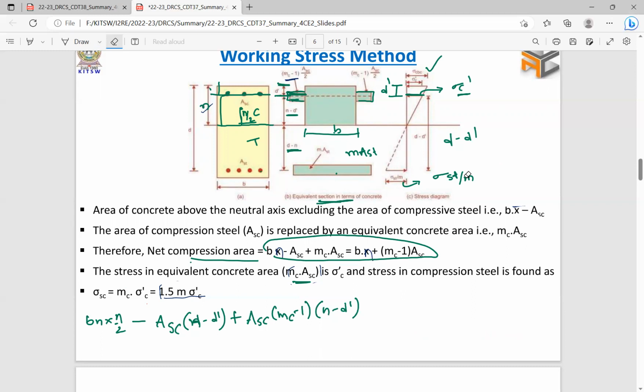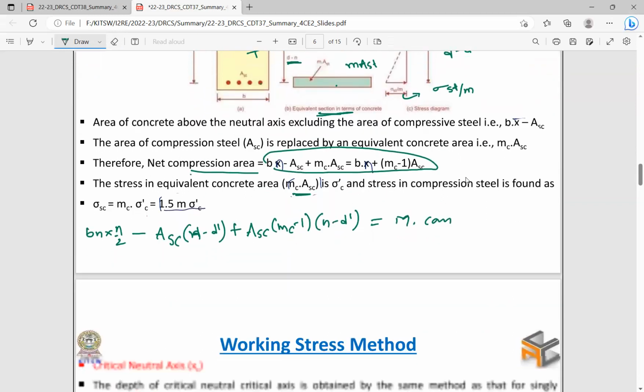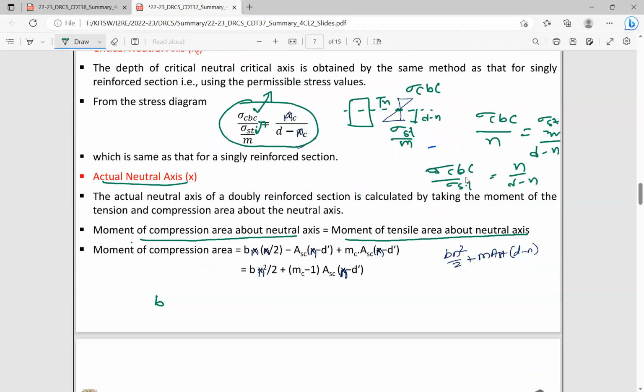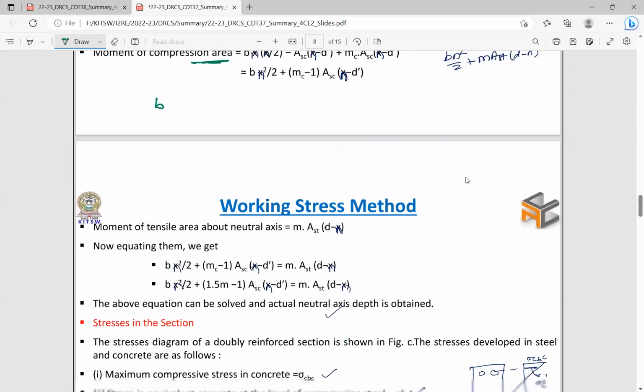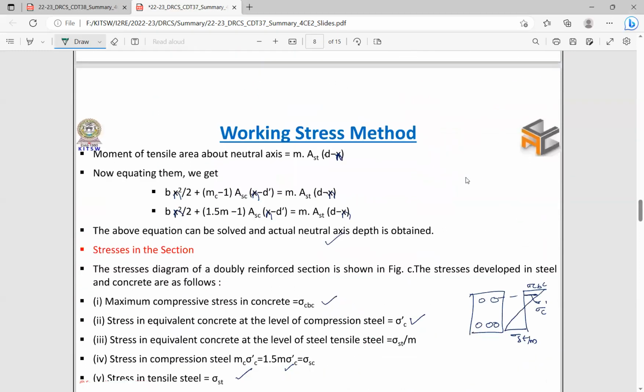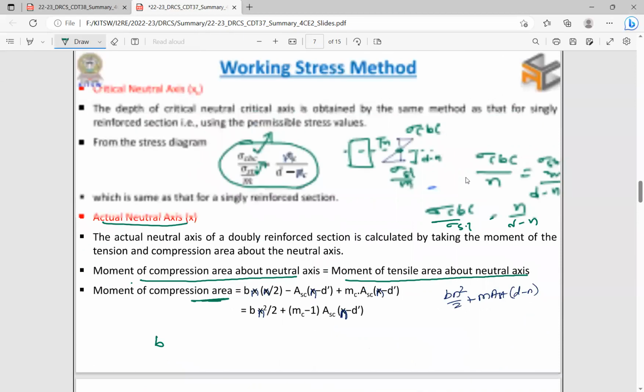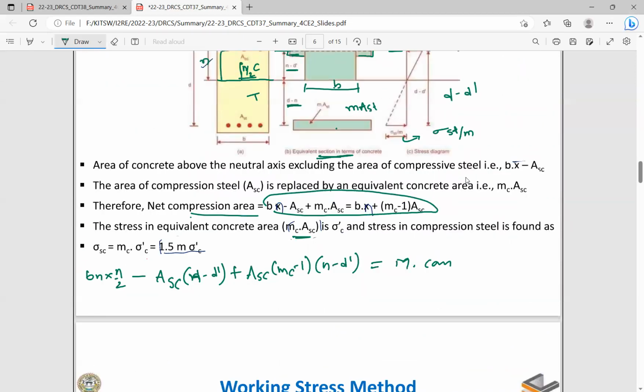So for calculation of neutral axis depth, we have to equate the compressive moment and the tensile moment, right? This is the moment of compression area, and we have to calculate the moment of tensile area, and if you equate both, you are going to get the neutral axis depth.